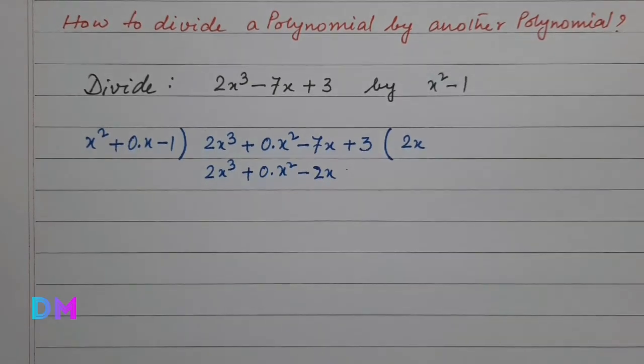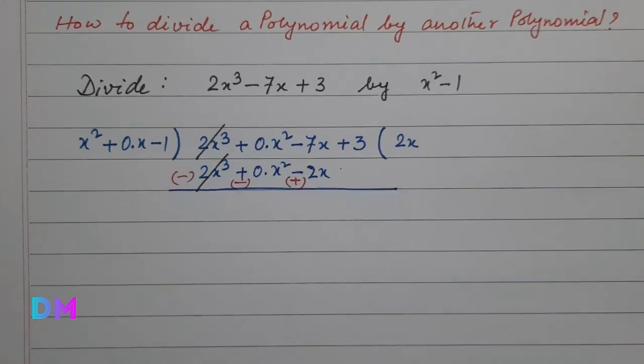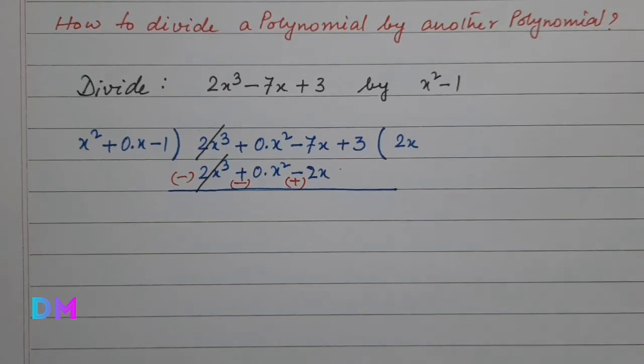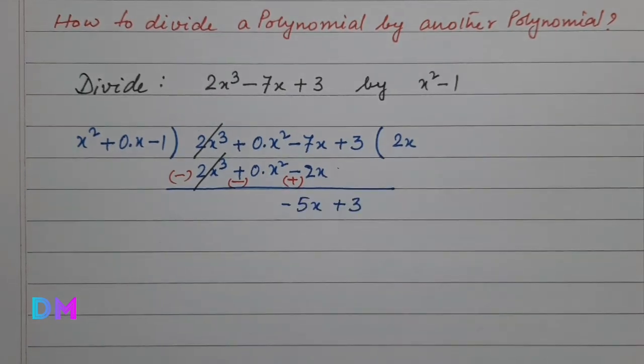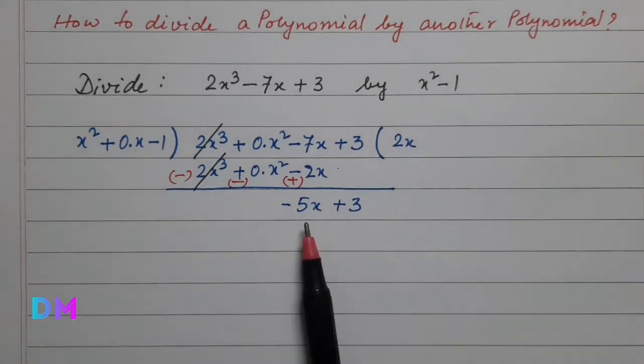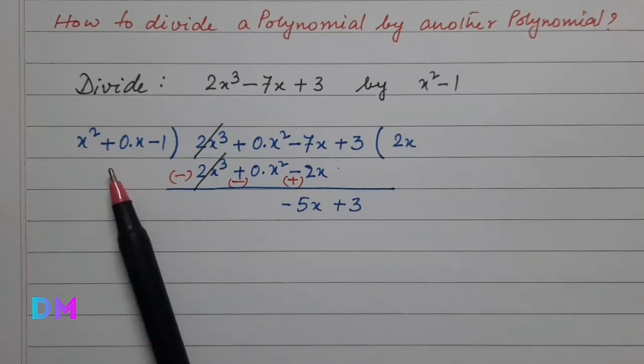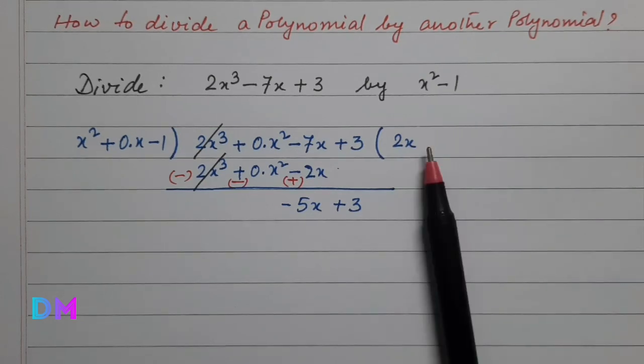Now we will subtract the polynomials. After subtracting, we can see the 2x³ terms are cancelled out. Hence, we get −5x + 3. Now to get −5x, we would need to multiply by −5/x.